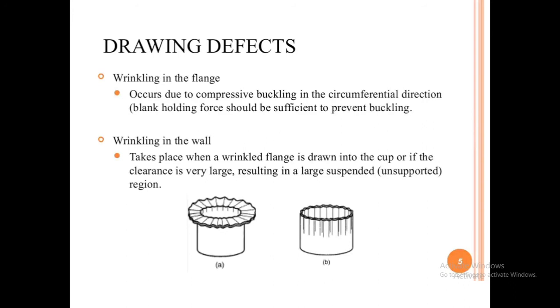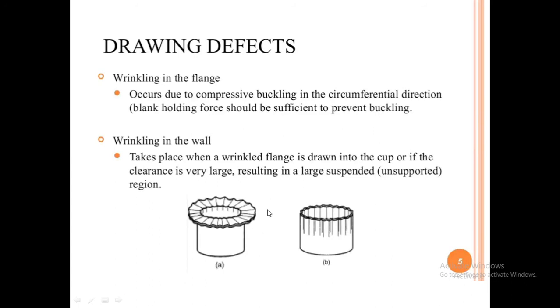As we discussed, during the deep drawing process, we apply some force or some pressure on a blank holder. We apply some blank holder pressure, and if this blank holder pressure is insufficient, meaning this pressure is less, then wrinkles are developed on a flange.